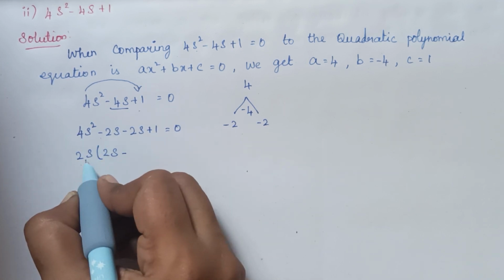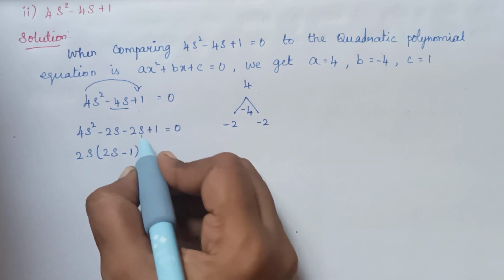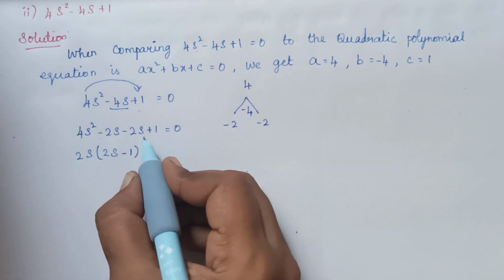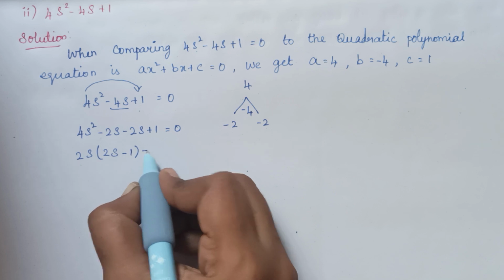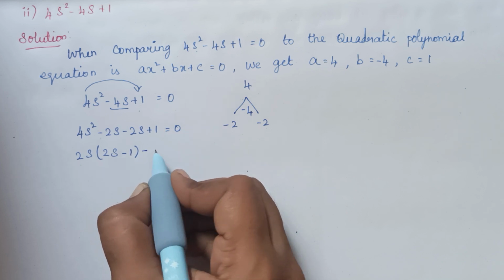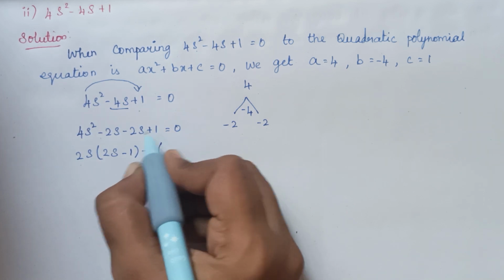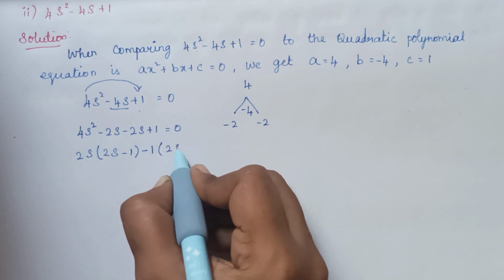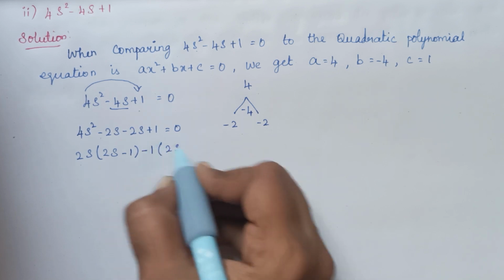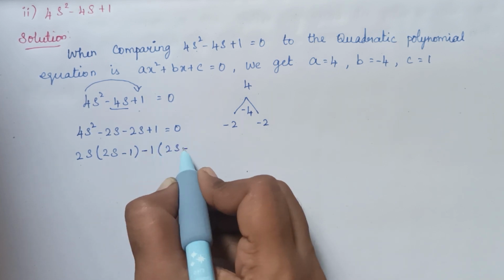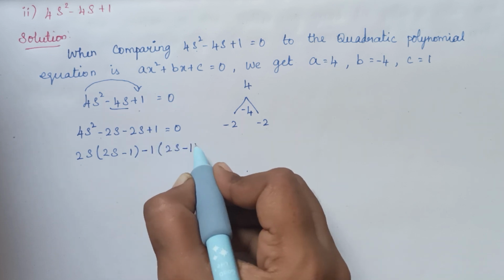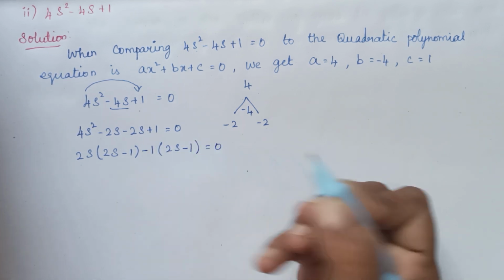Minus 2s already came out, now only 1 is there. Next, here we can take minus 1. If we take minus 1, the remaining 2s will be there, so 1 minus is here. Remaining 1, minus into minus is plus. So 2s minus 1 is equal to 0.